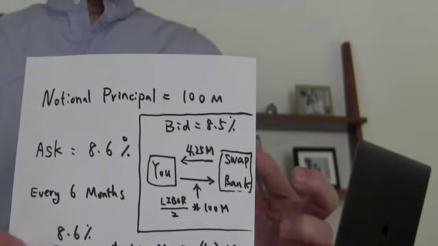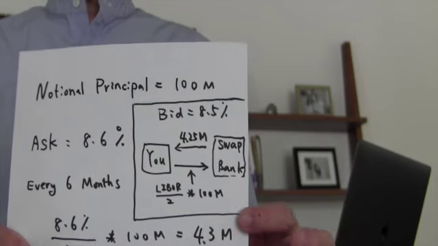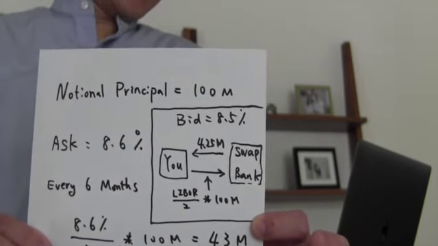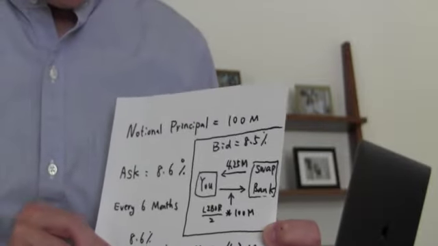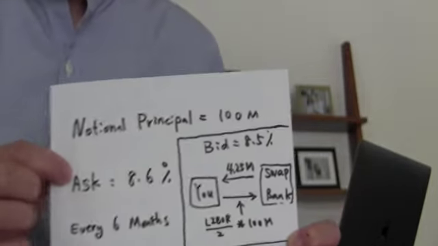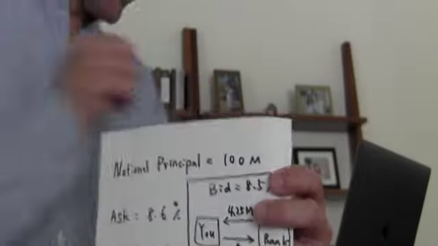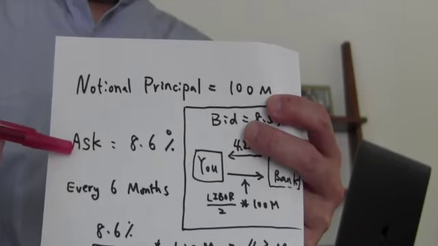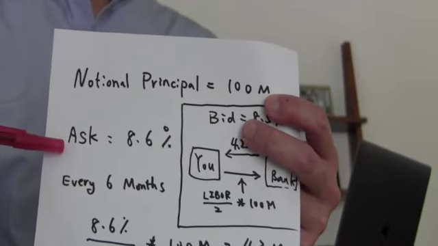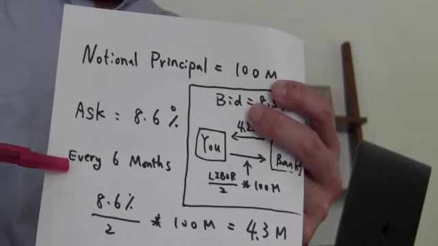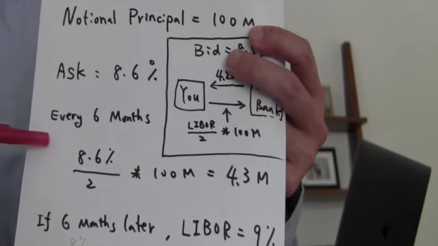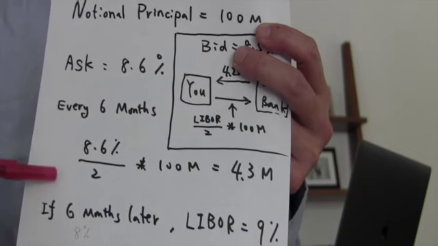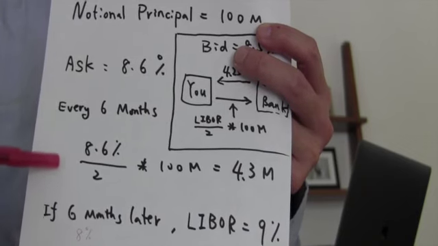So let's look at the ask. We were dealing with the fixed payment of 8.5 to 8.6%, right? So the ask of 8.6% would mean that every 6 months there is a fixed payment of 8.6% divided by 2, because now we need to do this twice over a year.